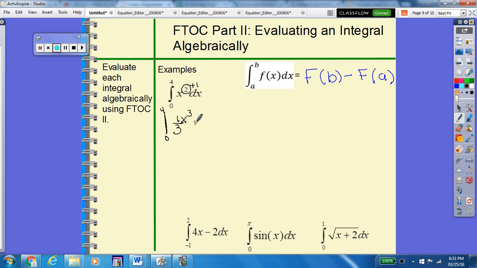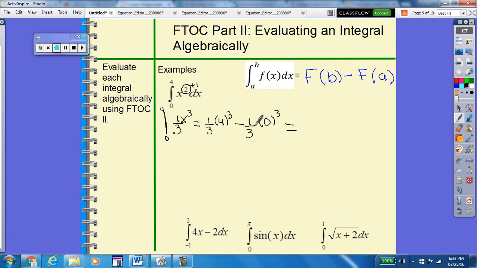What happens next is I plug the 4 into the x. So I have 1/3 times 4 cubed. That is this part right here, the F of b, the antiderivative at b. This is b, this is a. Then we do minus 1/3 times 0 cubed. All I did was plug my boundaries in, in the order of b and a, into the antiderivative.